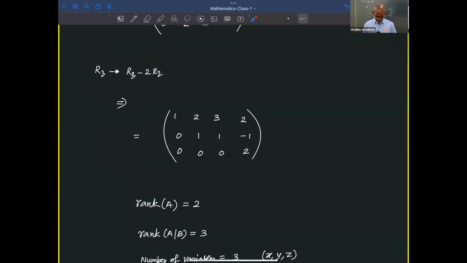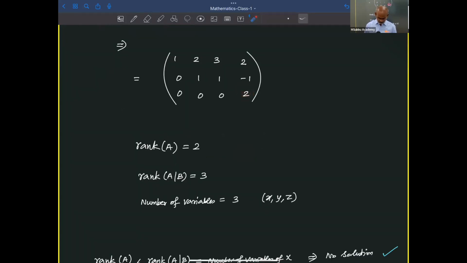So what is the meaning of this? Actually, this says 0 x1 plus 0 x2 plus 0 x3 equal to 2. So for nothing we are getting some entry. That means here the equations are inconsistent. Definitely, you should not get it this way; for nothing, the right side is coming as a positive content.